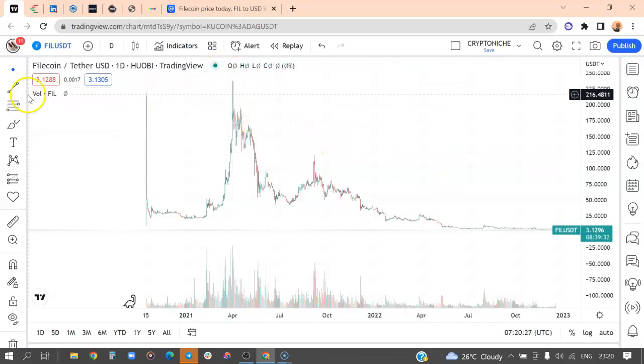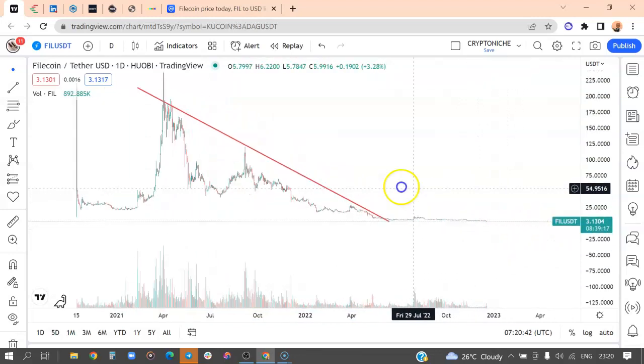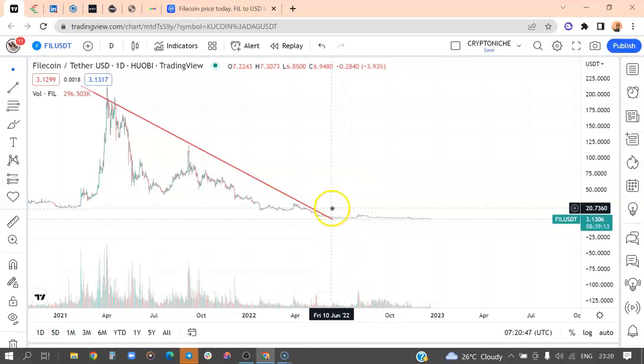Okay, and when you look at this, things have already been going down, and you could actually consider this as an accumulation stage for Filecoin. It's really been accumulating since a very long time, starting from May 2022. Okay, so it has really been accumulating, and this accumulation stage is a nice buying opportunity, in my opinion.